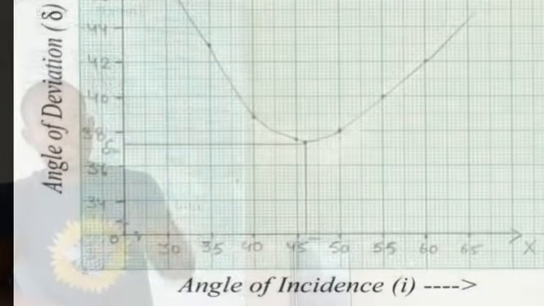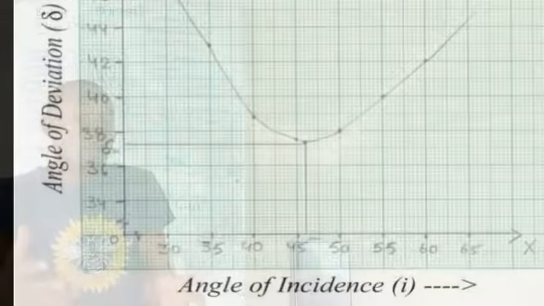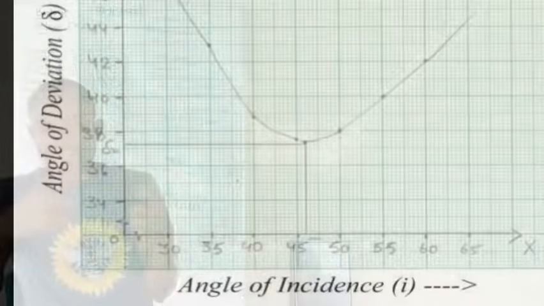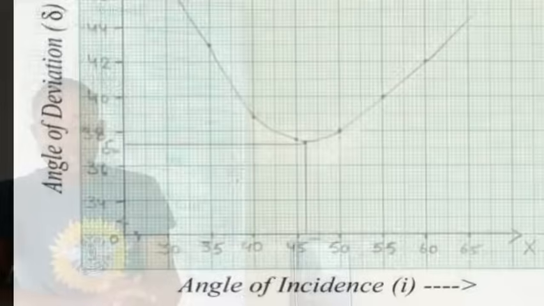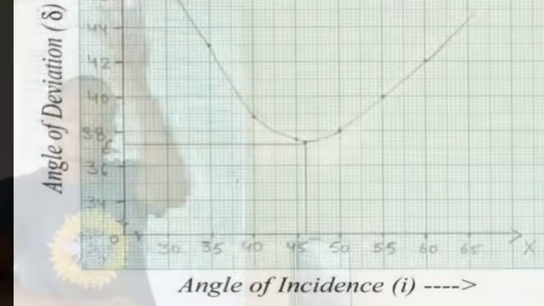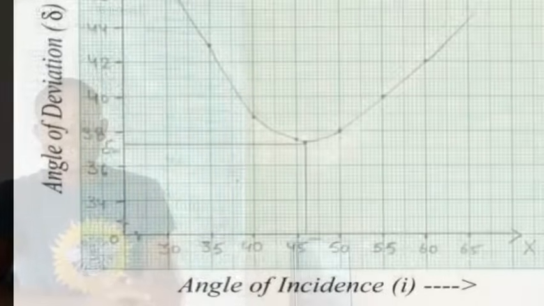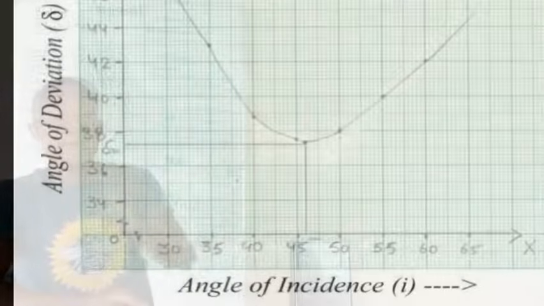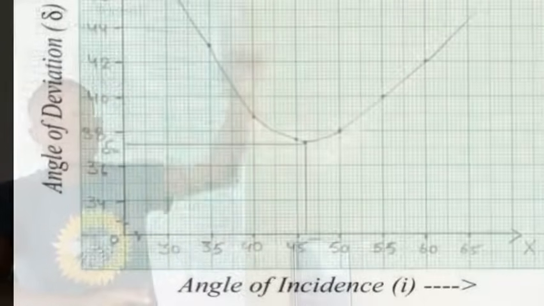Just like what we obtained in the table of values, initially the angle of deviation started decreasing, and up to a point it started increasing again, and that is why this graph gave us a curve. You can see that.